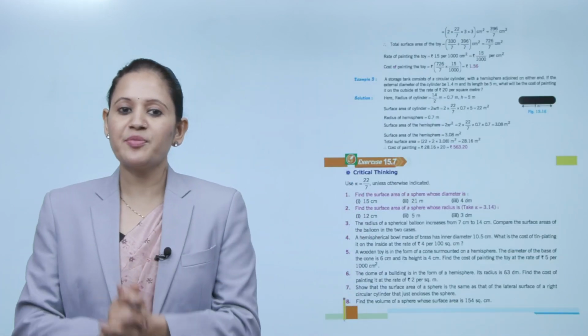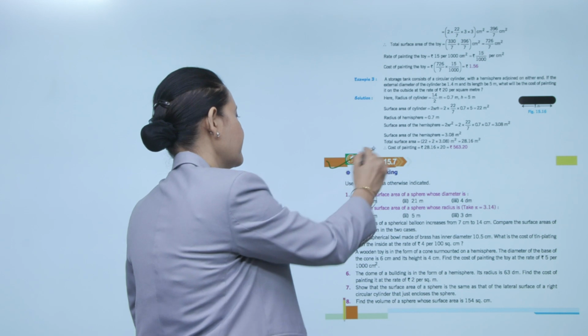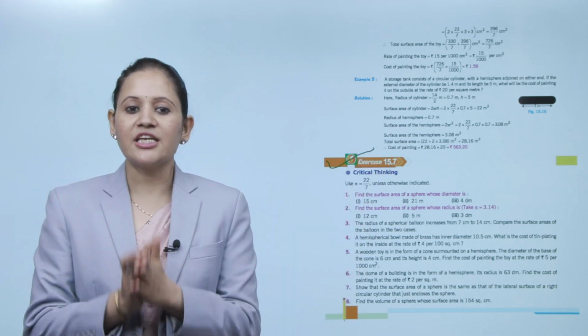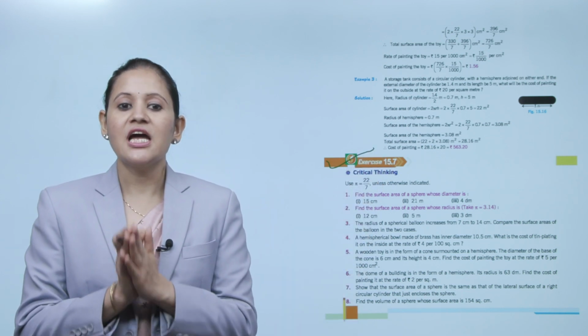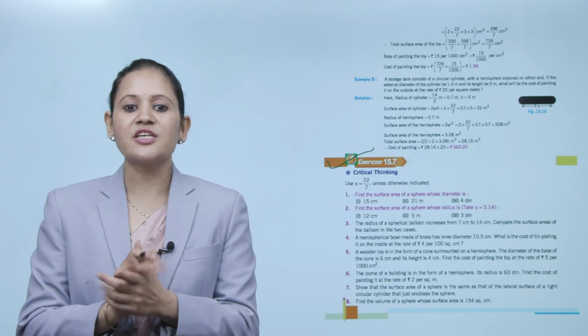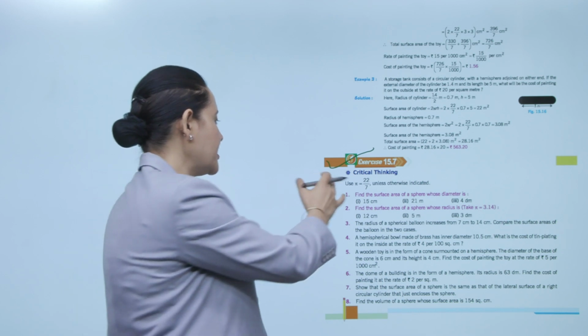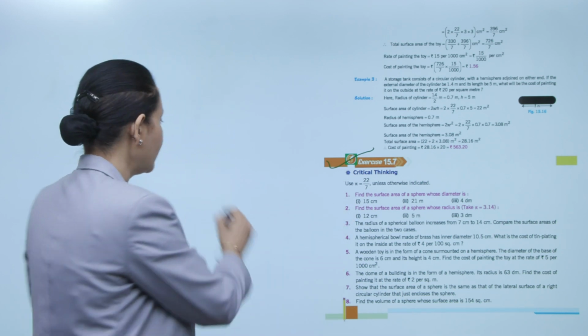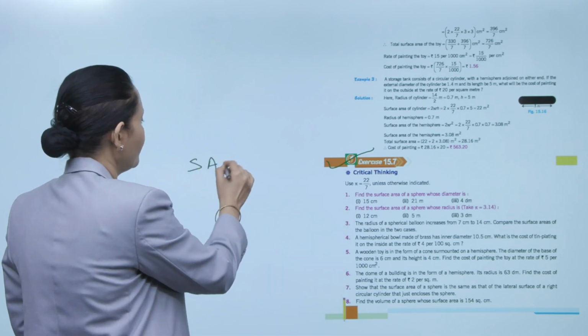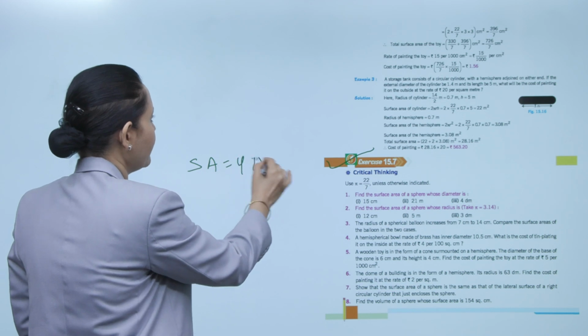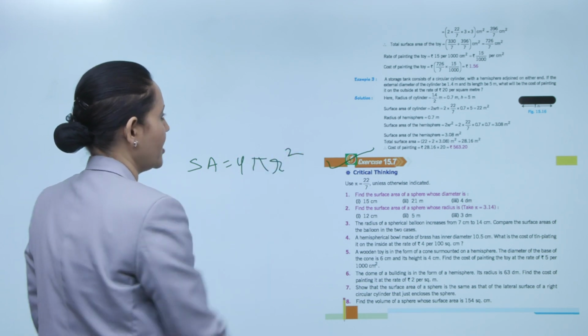Next is exercise 15.7. Critical thinking. Use pi as 22/7 unless otherwise indicated. Find the surface area of a sphere whose diameter is 15 centimeter. Surface area is 4 pi r square.